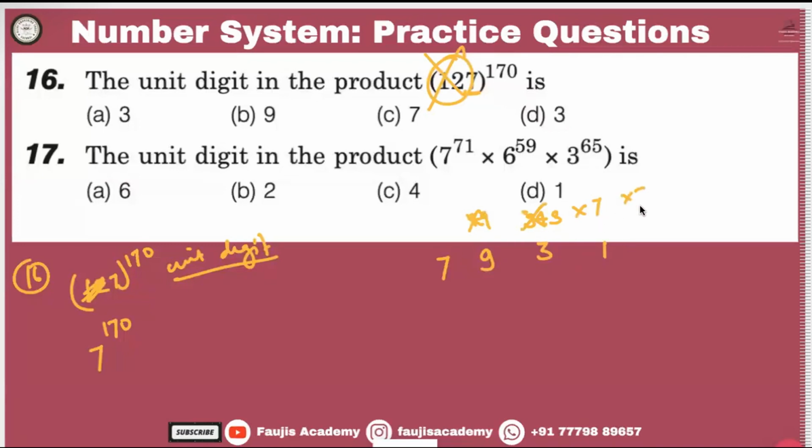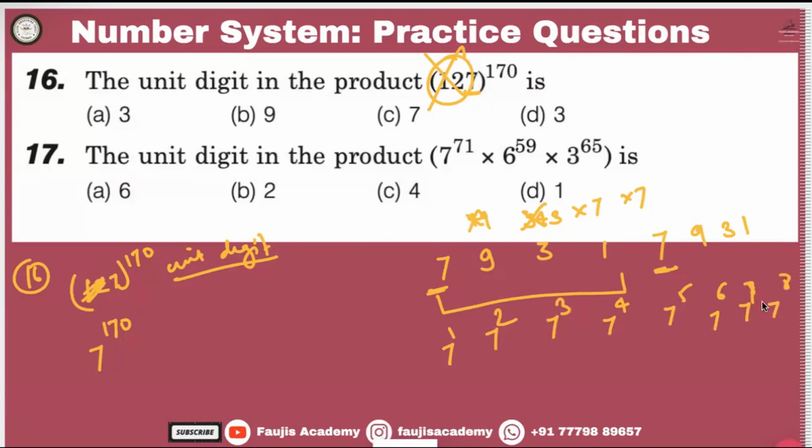Now, again, if you do 7, what will happen? 7 will come. That means the first number and the fifth number are the same. That means we call it the cyclicity is 4, because this is 7, 9, 3, 1. This is basically 7 to the power 1, 7 square, 7 cube, 7 to the power 4, 7 to the power 5, 6, 7, 8. What is the cycle?